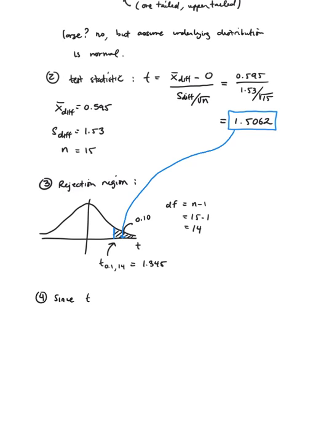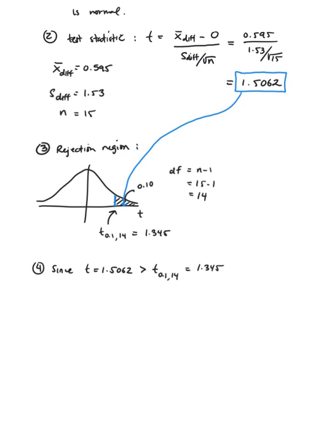Since t equals 1.5062 is larger than t 0.1 with 14 degrees of freedom, which was 1.345, the boundary of my rejection region. Since I'm larger than it, then I'm in the rejection region. That means I reject H0 and I accept HA.